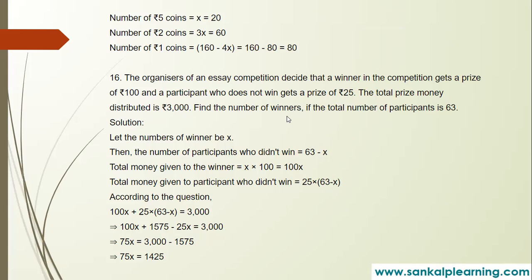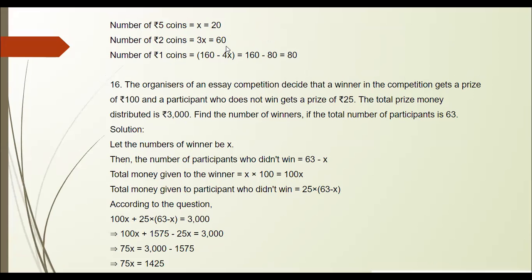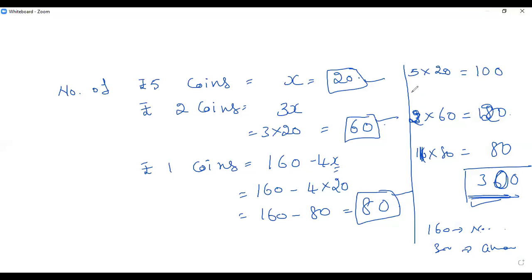Okay, let us see how to calculate. You have to find the number of winners, right? So let it be x. Okay, children, we don't know the number of winners, so we take it as x.